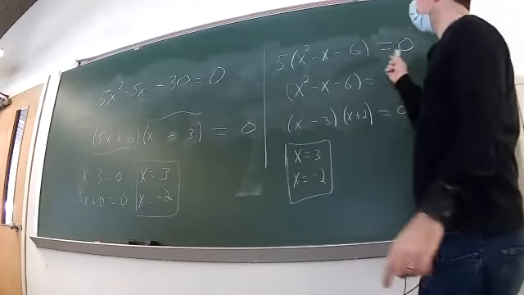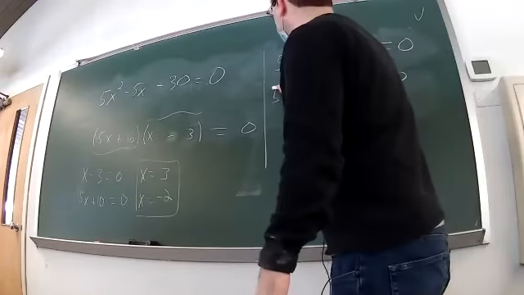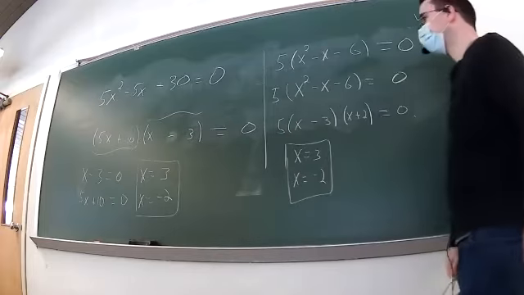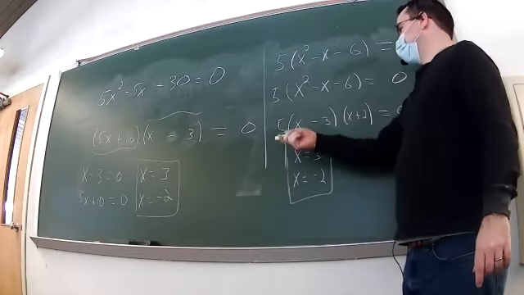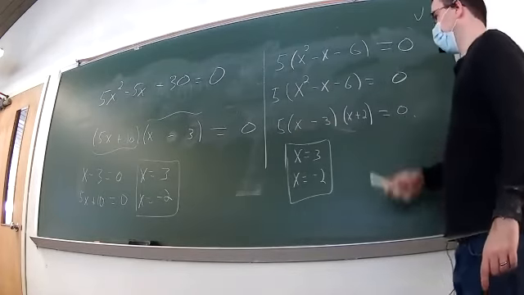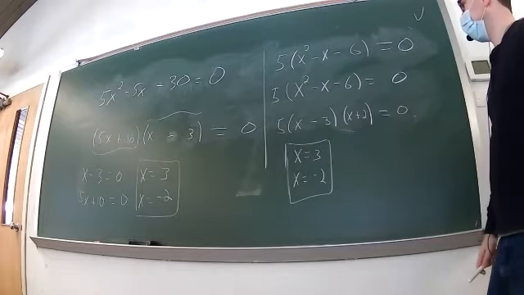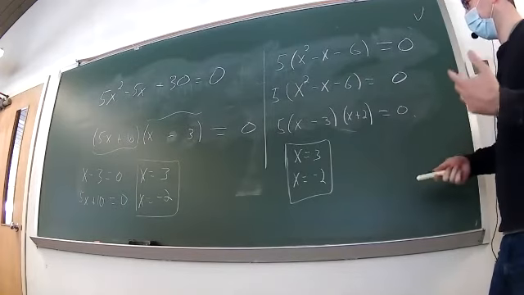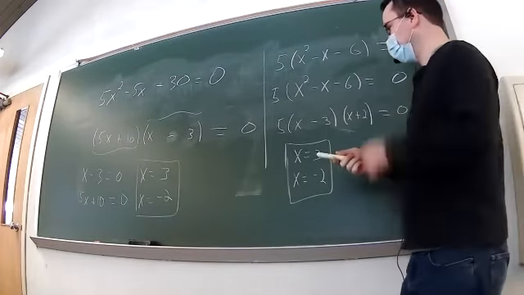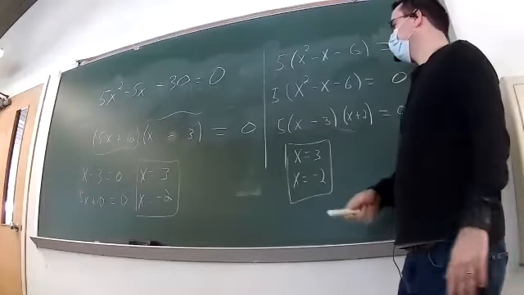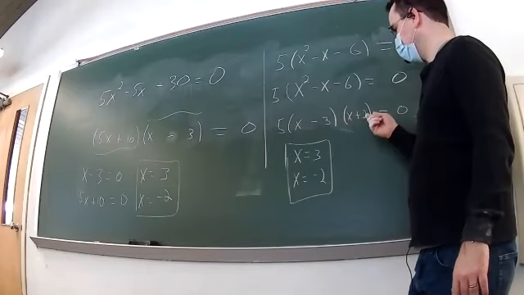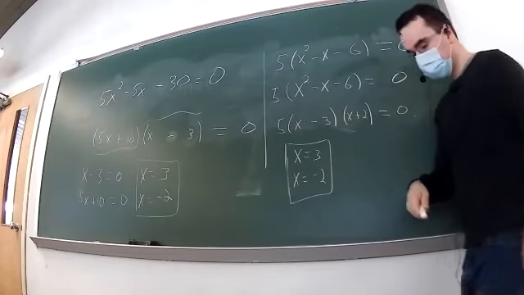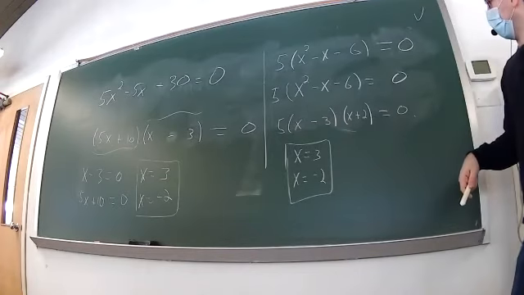But what if you didn't divide both sides by 5? Like, what if you kept this here? Then you still have this situation where it's 5 times this times that equals 0, and that means that either 5 is equal to 0, which isn't true, or x minus 3 is equal to 0, which means x is 3, or x plus 2 is equal to 0, which means x equals negative 2.